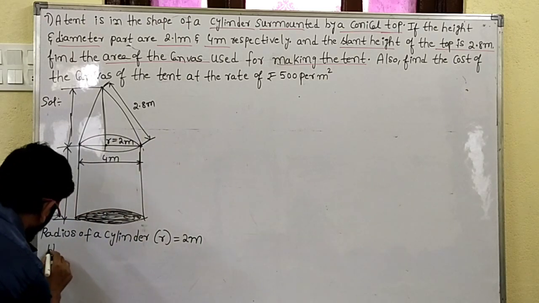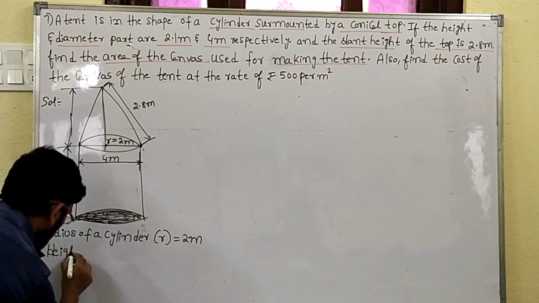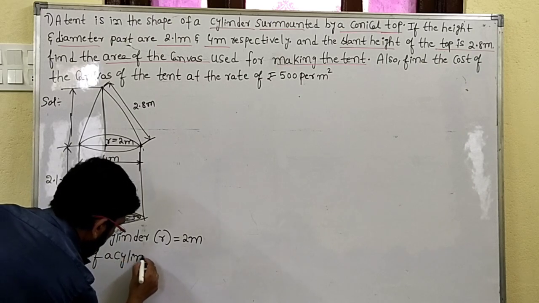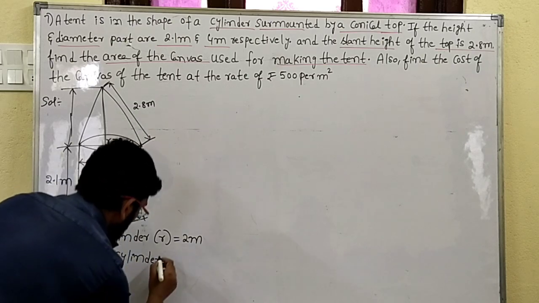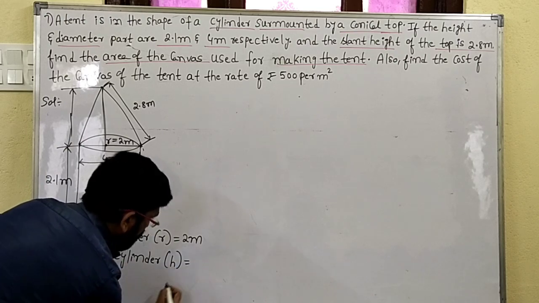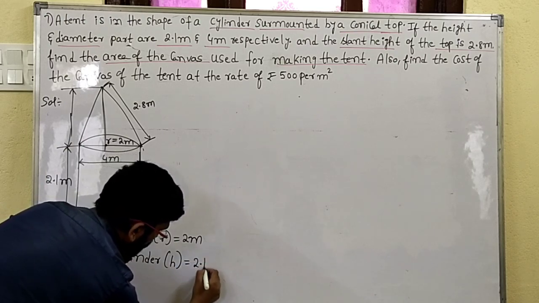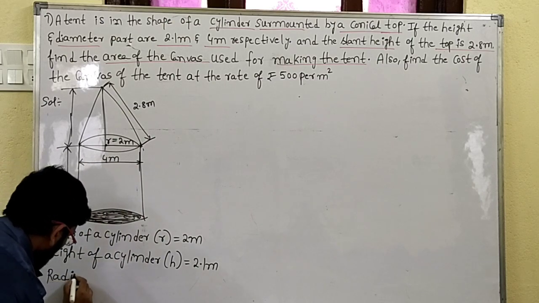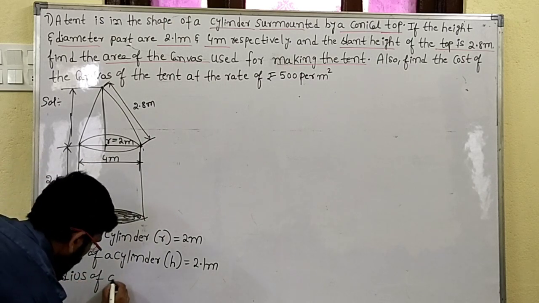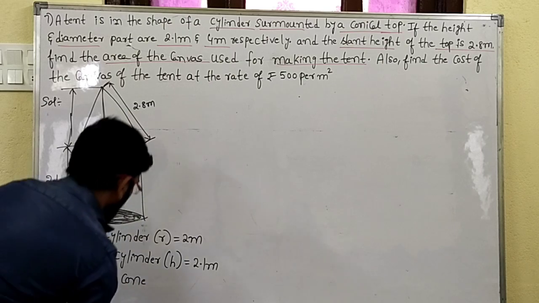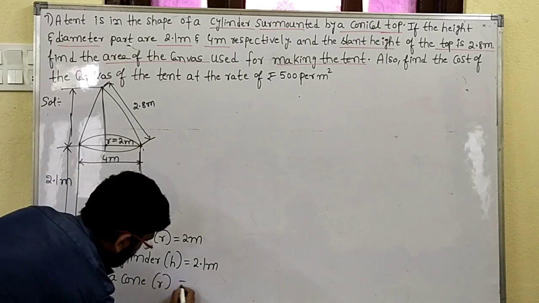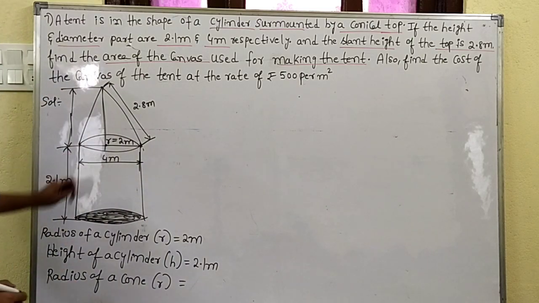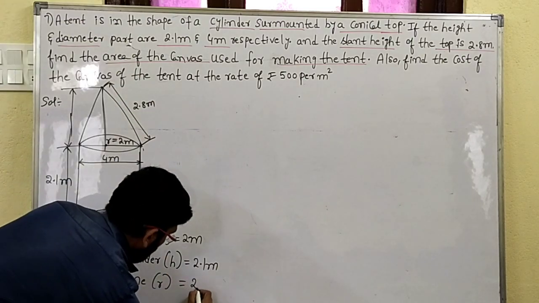Next, the height of the cylinder h is equal to 2.1 meters. Next, the radius of the cone r is the same as the radius of the cylinder, that is 2 meters.